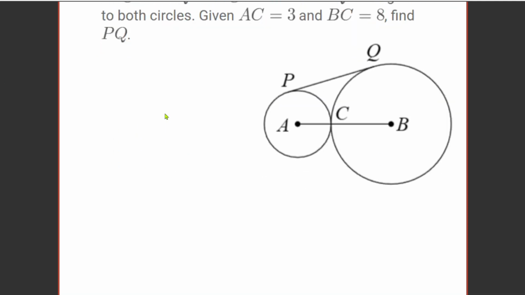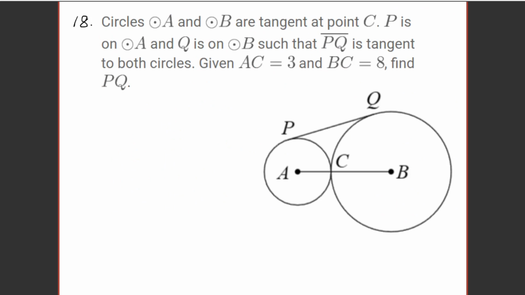Alright, if no questions, let's have a look at next one. Circles A and B are tangent at point C, and P is on circle A and Q is on circle B such that segment PQ is tangent to both circles.